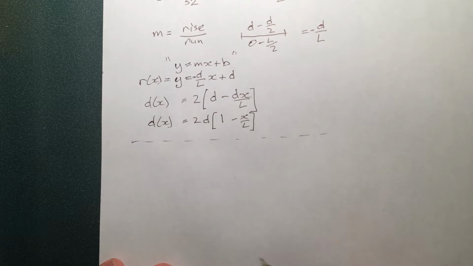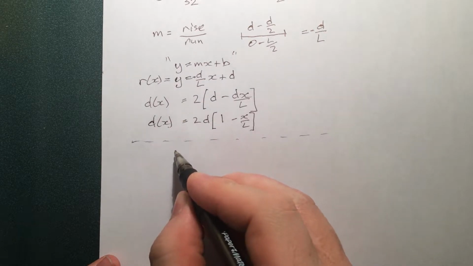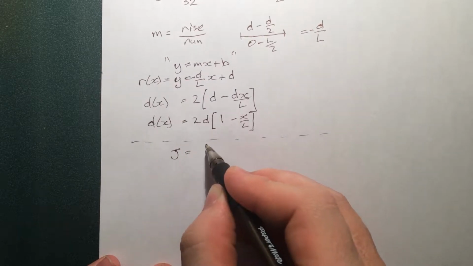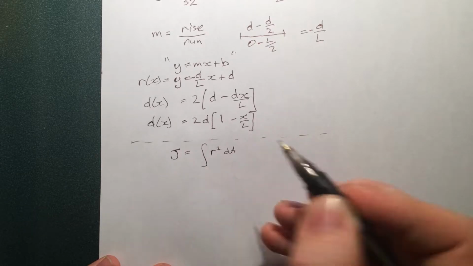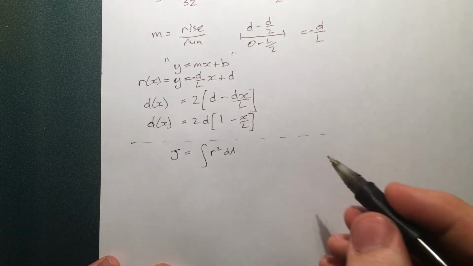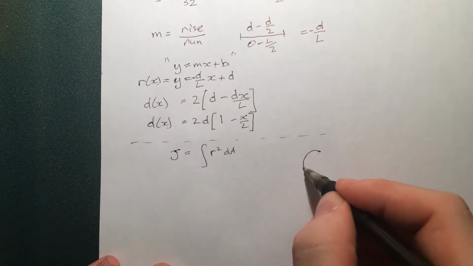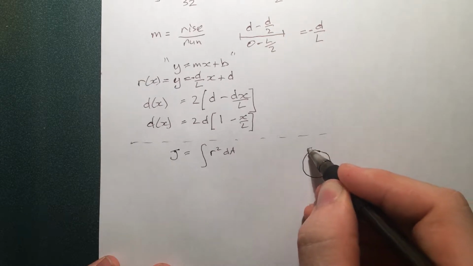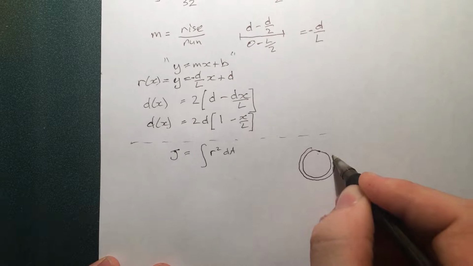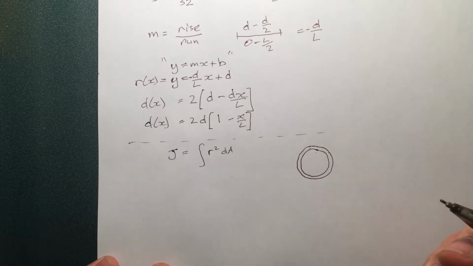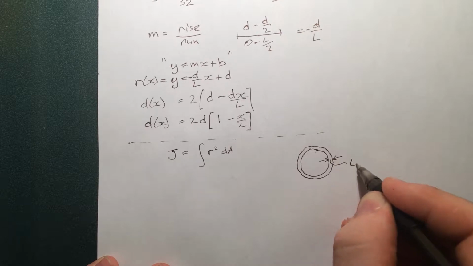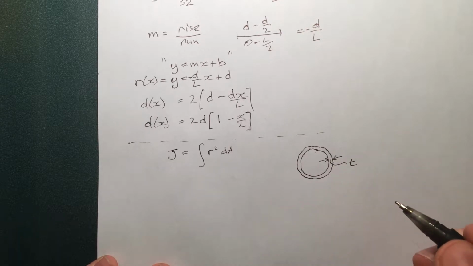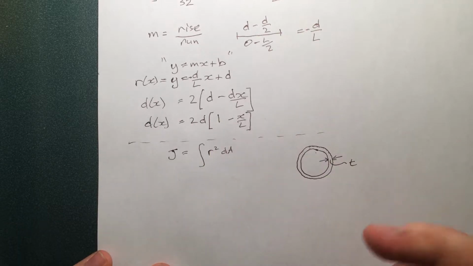So we know that the definition of the polar moment of inertia is actually the integral of a distance squared dA. Okay, that's for a generic piece. Now, if the wall is thin enough, we need to do a slightly different step in this integration here.